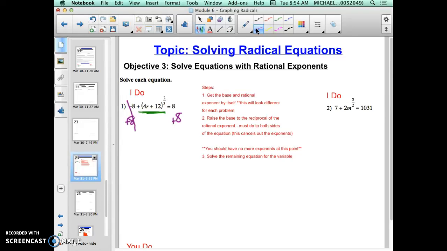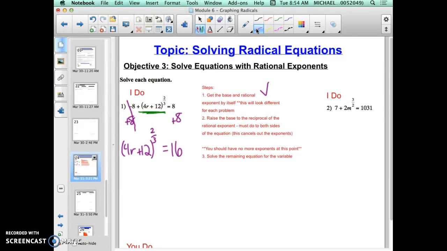And again, this step will look different each time, it just depends on what the problem gives you. But I added 8 to cancel out the negative 8. So I'm left with just my base, parentheses 4r plus 12 raised to the 2/3 equals 8 plus 8, which is 16. So I did step one. I got the base and its rational exponent by itself.